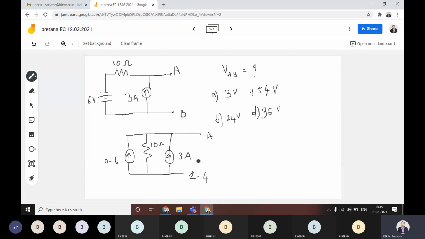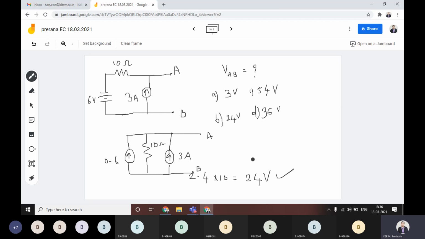This is A terminal and this one is B terminal. This is right, exactly. Someone is telling 36 volts.